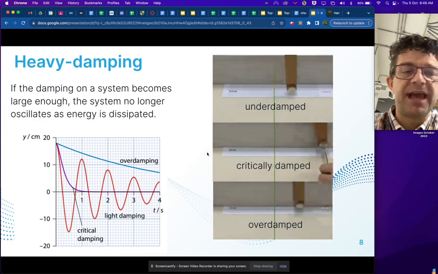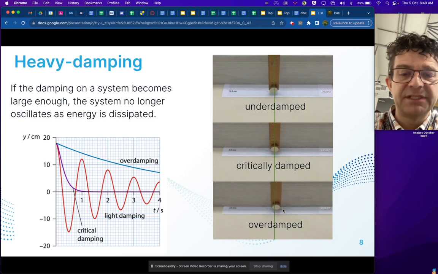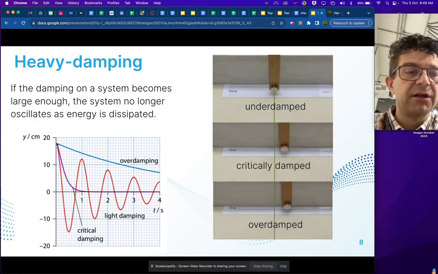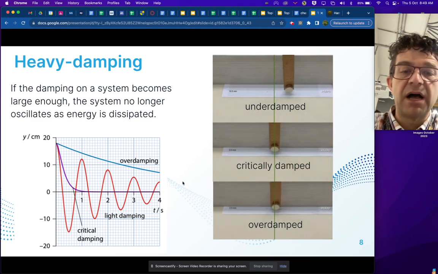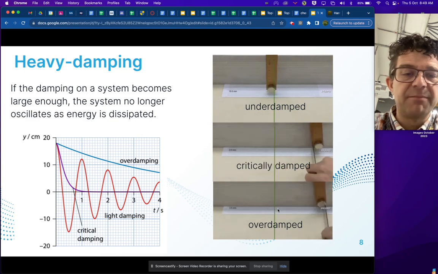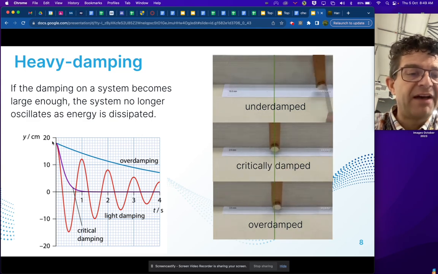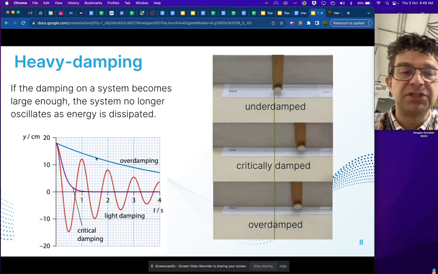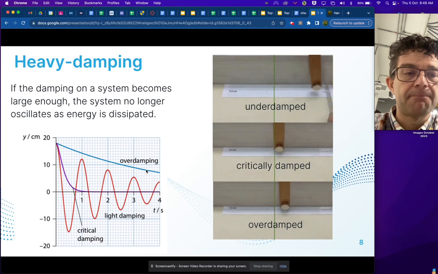Instead, we have an overdamped system where it never even oscillates. You can see this object here, very heavily damped. It's just slowly and gradually coming back to the center. And on a graph of overdamped amplitude versus time, we see it never oscillates.